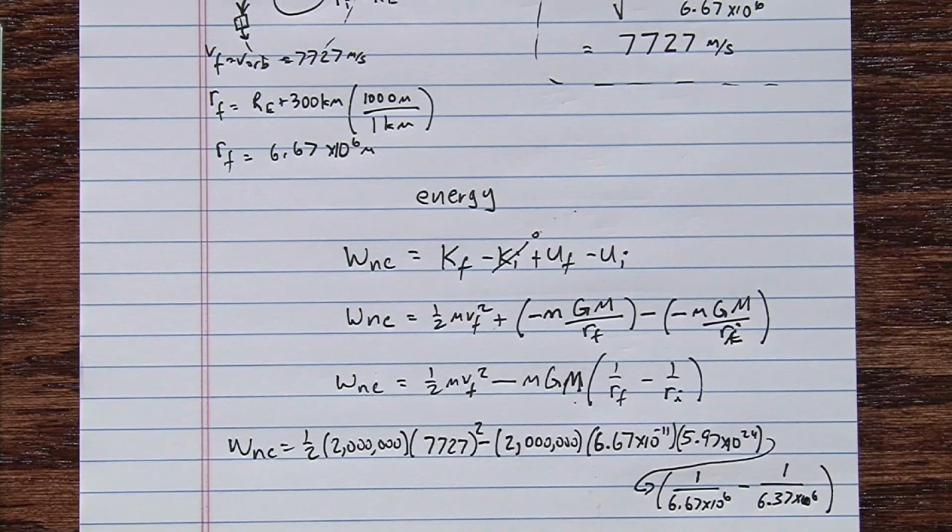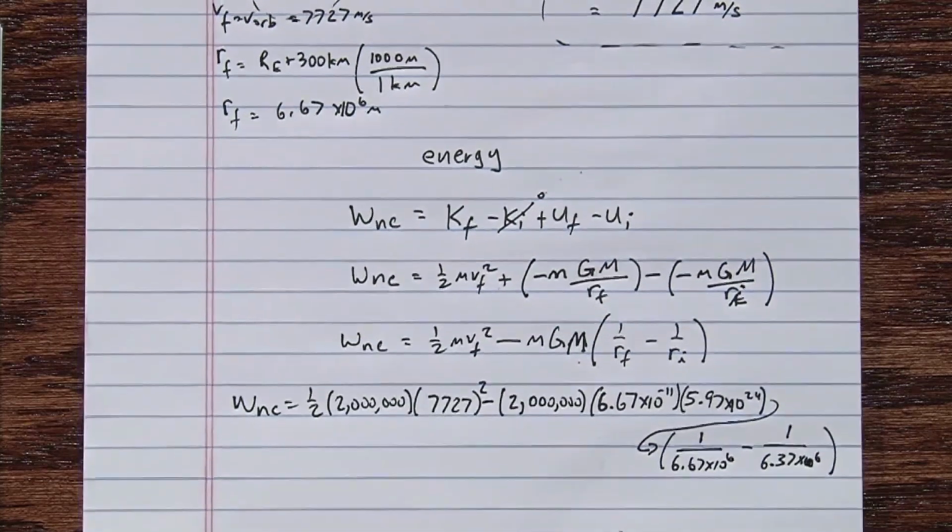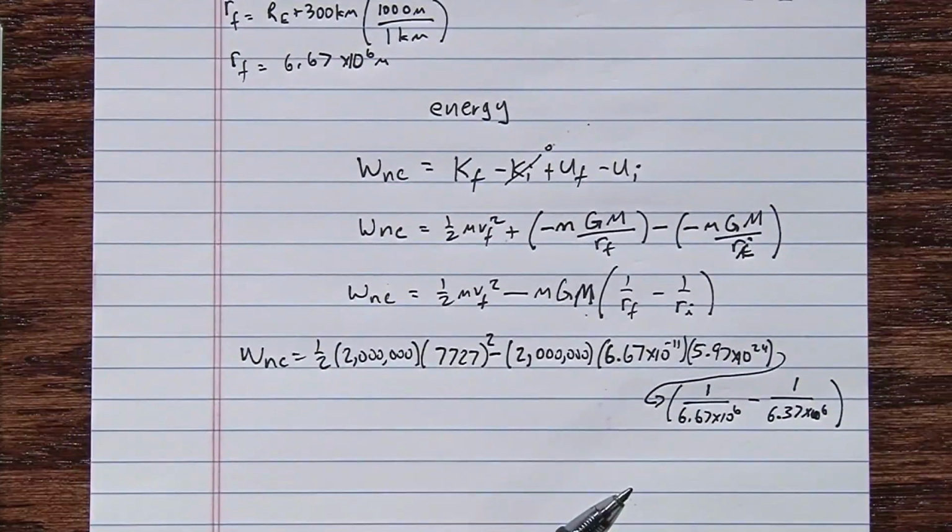And this is 6.67 times 10 to the 6, that's R final, and this is minus 1 divided by 6.37 times 10 to the 6, that is R initial. Okay, so now it's time to get your calculator out and calculate all of that.